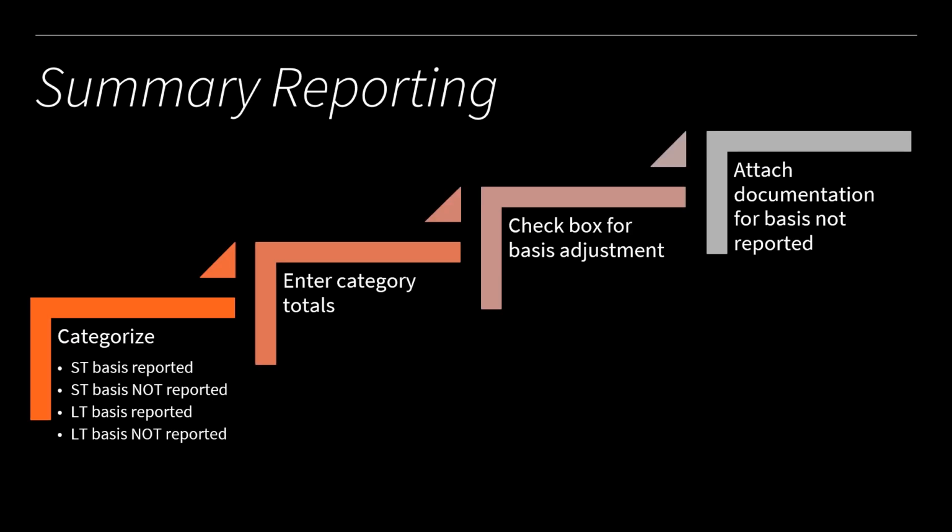And then I wanted to make a note for you that some of our taxpayers are quite busy with the sales of their stock, and that can result in a long list of stock that was sold. In that case, we are allowed to do some summary reporting.